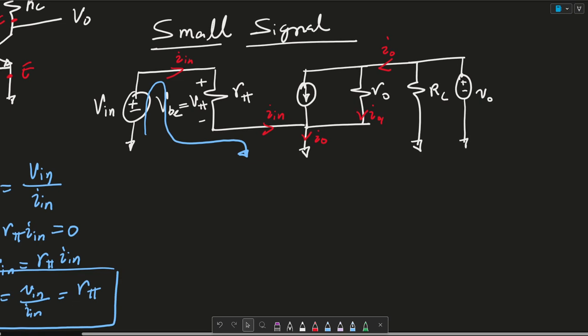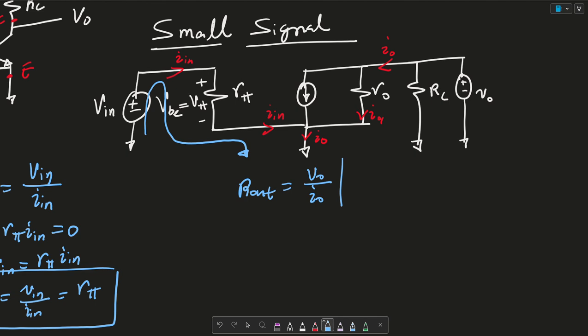So now let's find the output resistance. R out is equal to VO over IO, given that V in is equal to 0. So here we want to make this equal to 0 and do some circuit analysis.